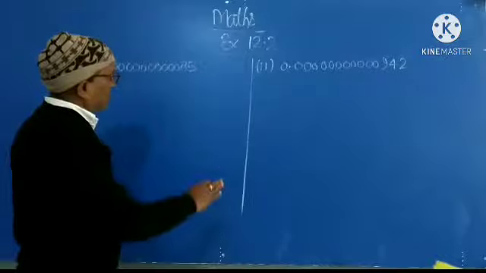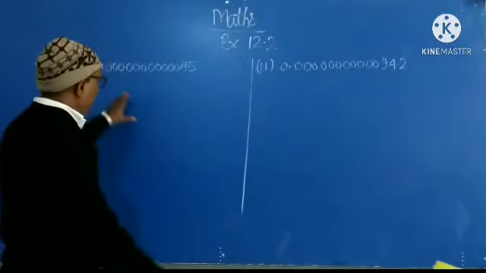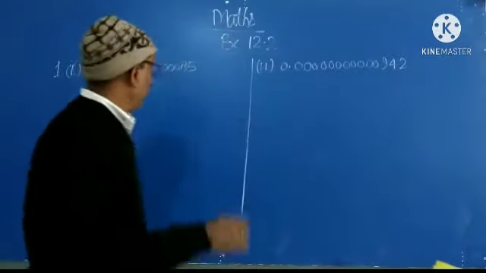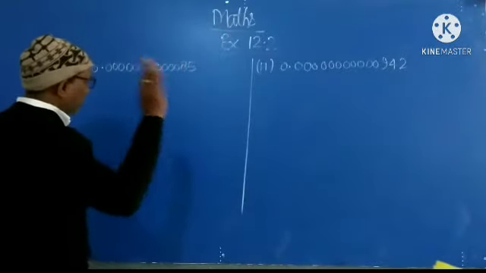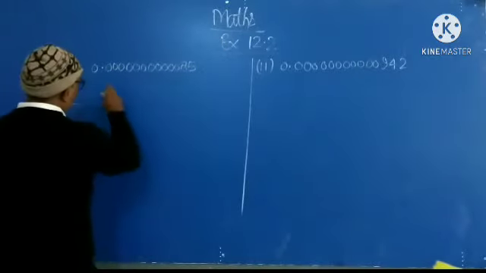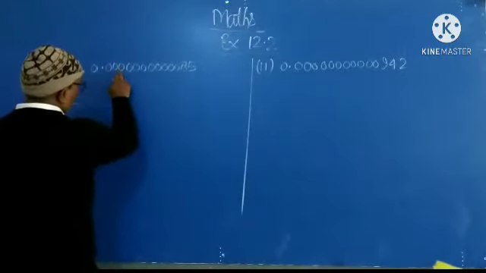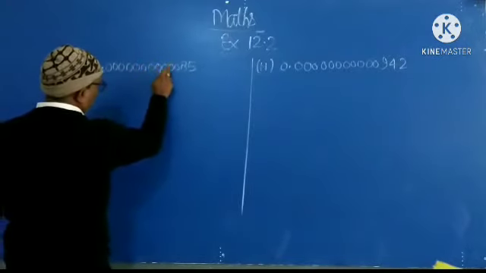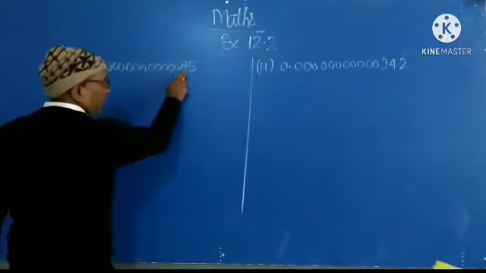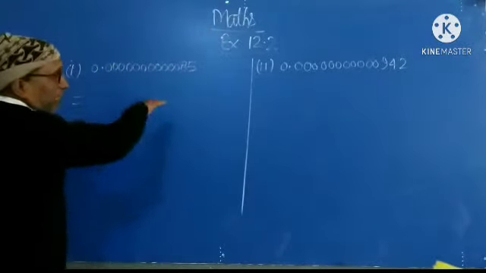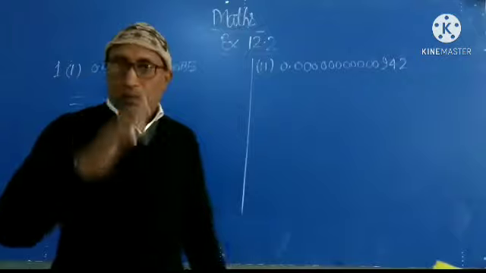You count how many digits you shift the decimal to make this number lie between 1 and 10. 1, 2, 3, 4, 5, 6, 7, 8, 9, 10, 11, 12. When you shift the decimal place here, you get a number that lies between 1 and 10.